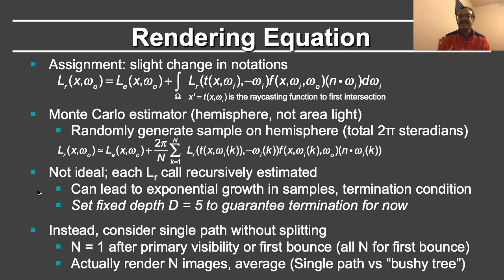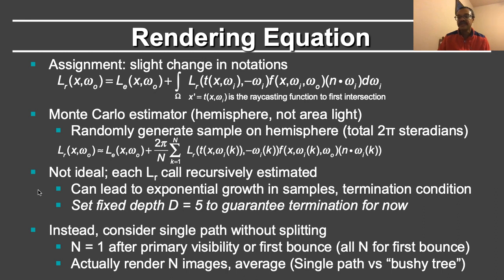Finally, instead of considering this exponential expansion, just consider a single path after splitting. In effect, you consider n equal to 1, so that when you trace a path from the eye, there is only one subsequent ray that comes out instead of a large number of rays. You can then average over all the n samples going into the pixel.